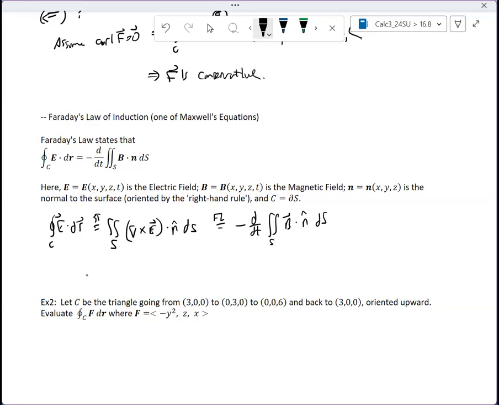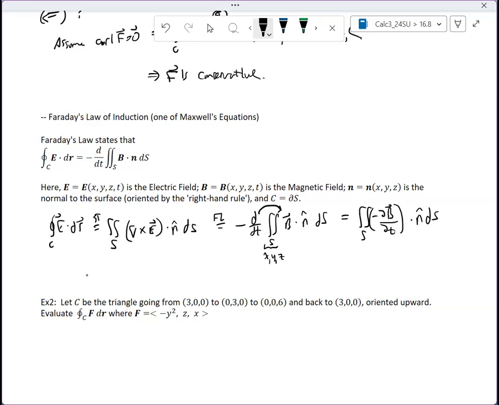As long as I have nice continuous partials and so on, I can move this. Remember, this surface integral is an integral in x, y, and z, but not t. This d by dt can just come inside and hit that B. So this is just the surface integral of the partial of B with respect to t, with a negative sign, dot N dS.